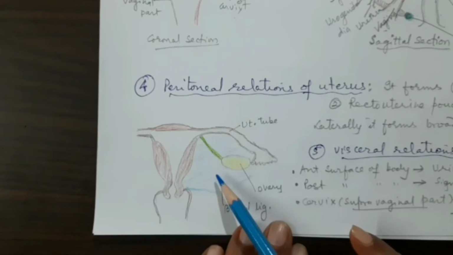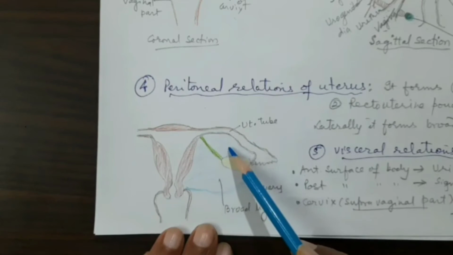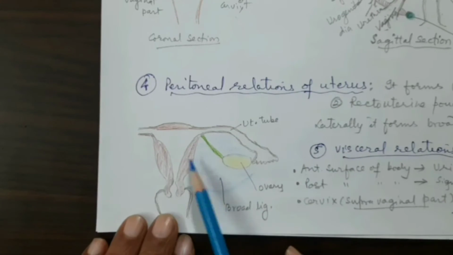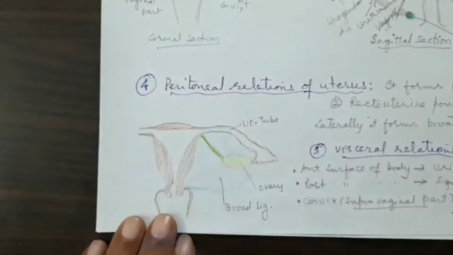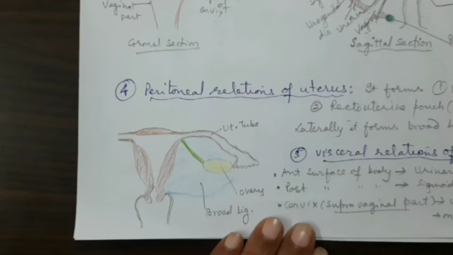So the third aspect of the peritoneal relation of the uterus is the broad ligament of the uterus, which is seen as a double fold of peritoneum on either side, right side and left side of the uterus. So on this side as well as on that side is the presence of this broad ligament.